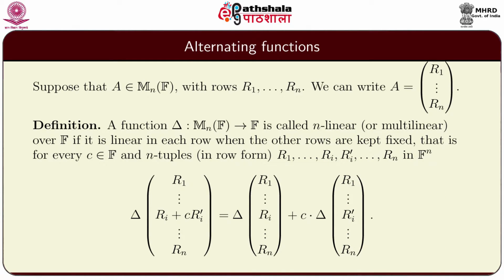So, you can see that all the row vectors R1 up to Ri minus 1 and then Ri plus 1 up to Rn are kept fixed, and we are demanding that there should be additivity and homogeneity with respect to the ith spot, and that should happen for every i. So, it is separately linear for all the n spots or n linear or multilinear.